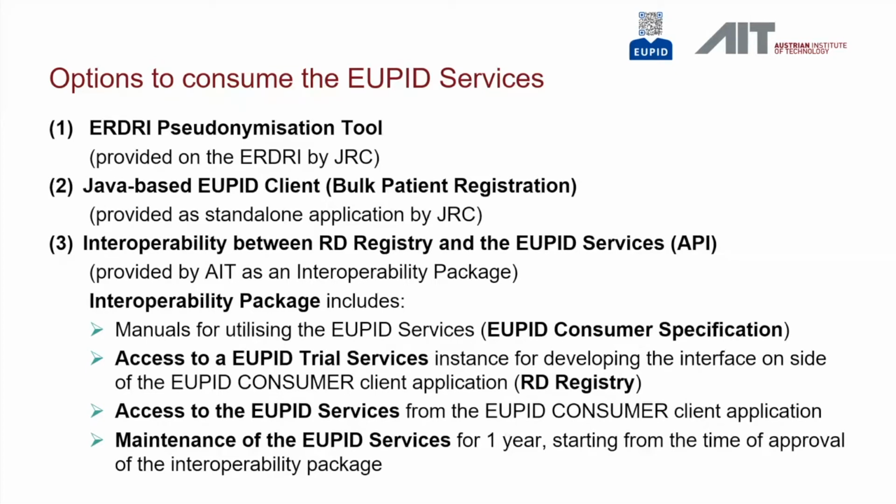We will do a validation check, and if this was successful, you will gain access to the productive EUPID services, so that your rare disease registry can access the EUPID services and you can embed the patient registration based on the EUPID service in your rare disease registry. Also included is one year of maintenance of the EUPID services interfaces.